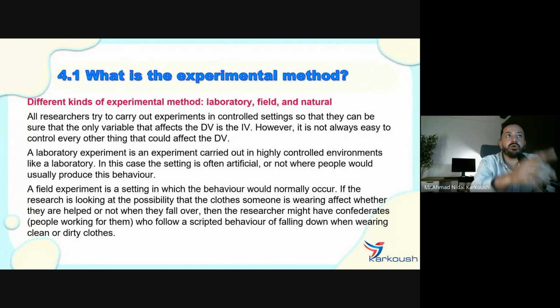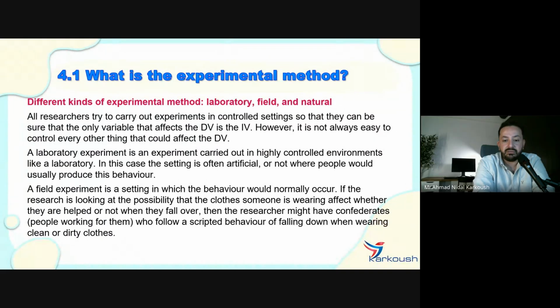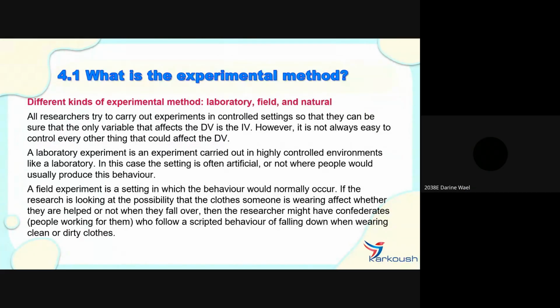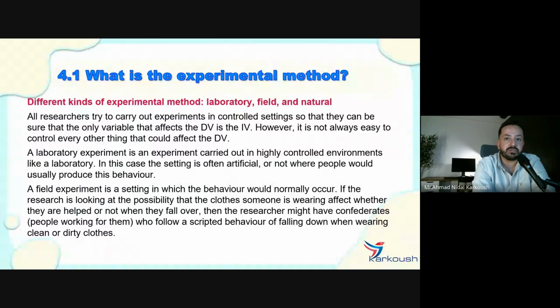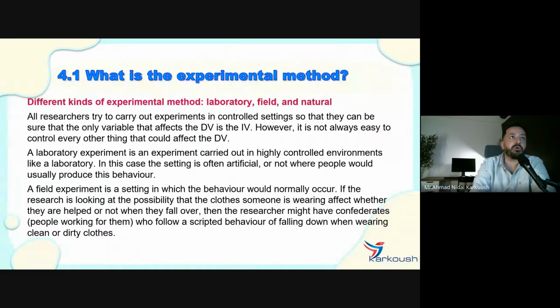Thank you so much. And what would we say about field experiments? They're ecologically valid because any behavior done in them would happen in real life, but they lack accuracy because EVs aren't under the researcher's control. And there are tons of EVs as well. Yes, exactly. Thank you so much. Like external EVs. Perfect, Darine.